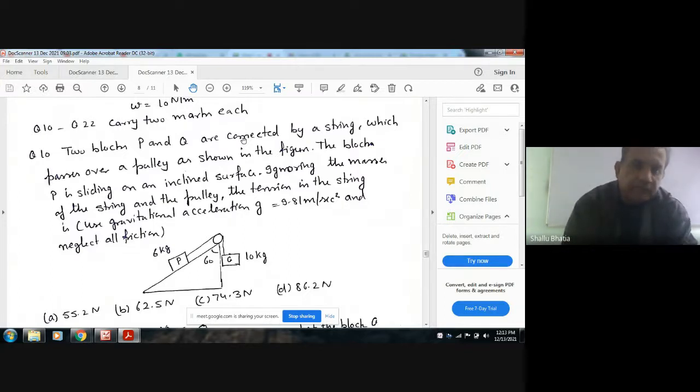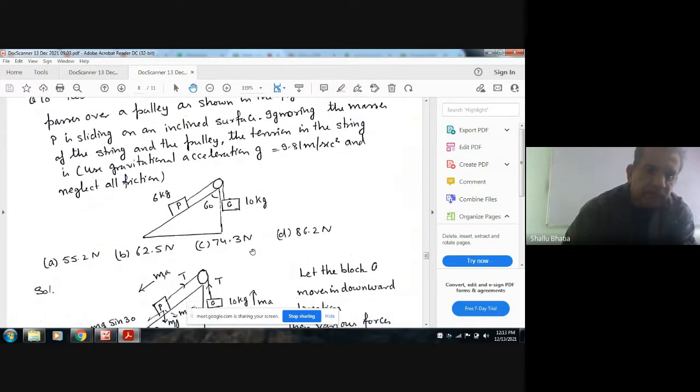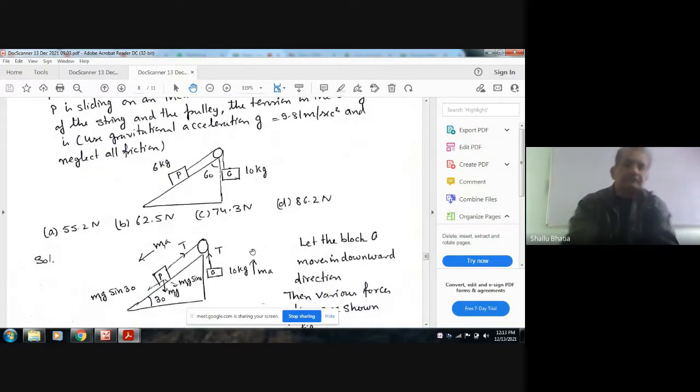The tension in the string is: use gravitational acceleration g equal to 9.8 meter per second squared and neglect all friction. The angle is 60 degrees. The mass of block P is 6 kg and the mass of block Q is 10 kg. Options: A 55.2, B 62.5, C 74.3, D 86.9.